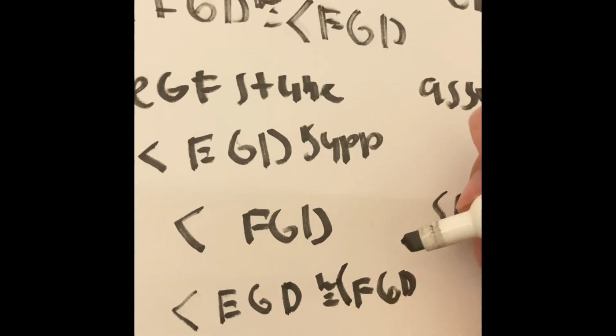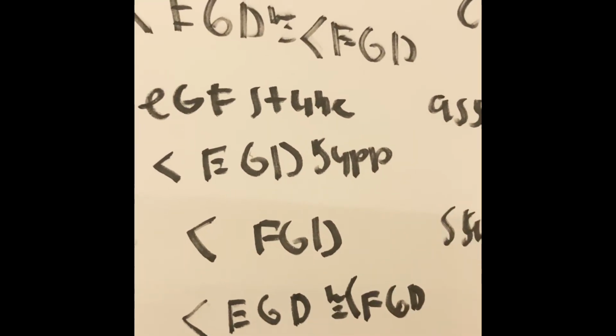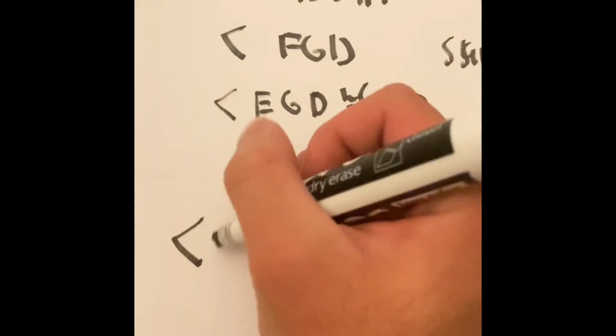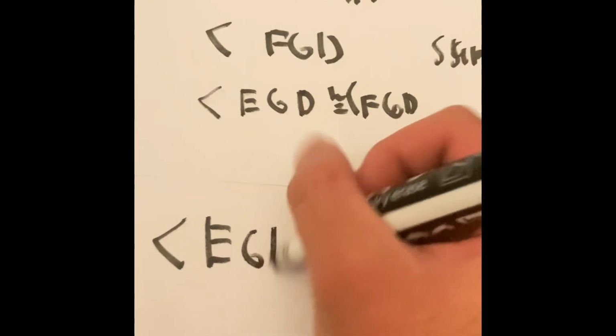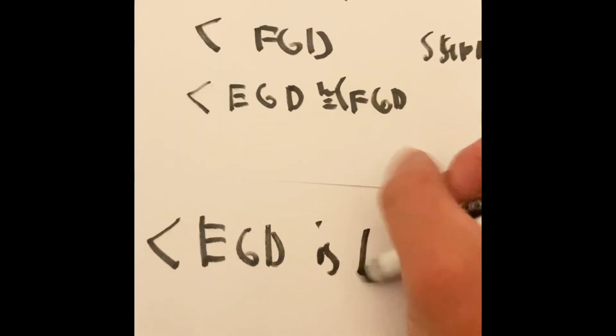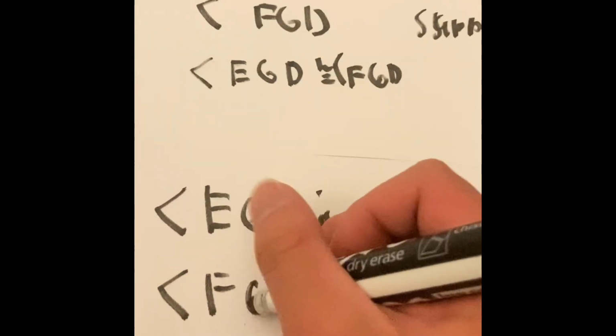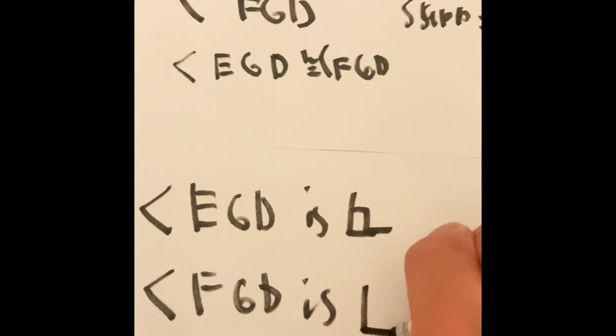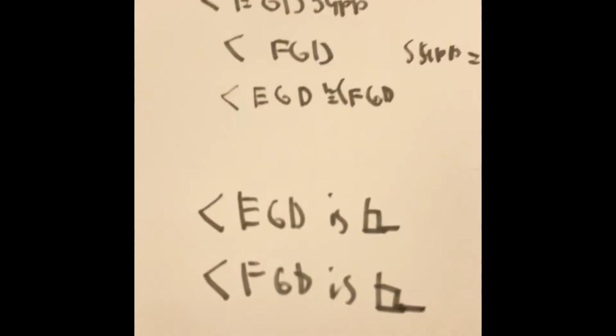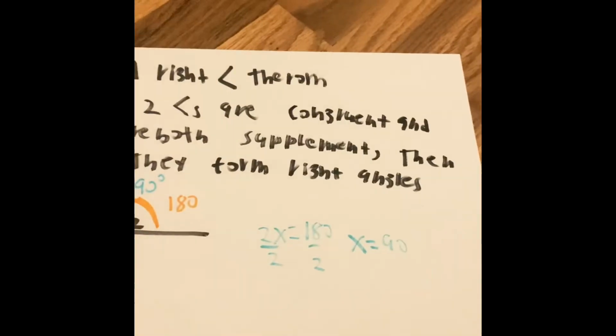We have to expand on that. Instead, what we're saying is angle EGD is right, and angle FGD is also right. And now we have to use our right angle theorem.